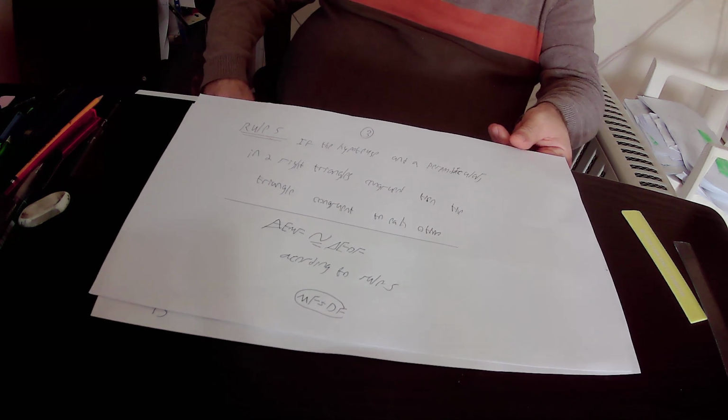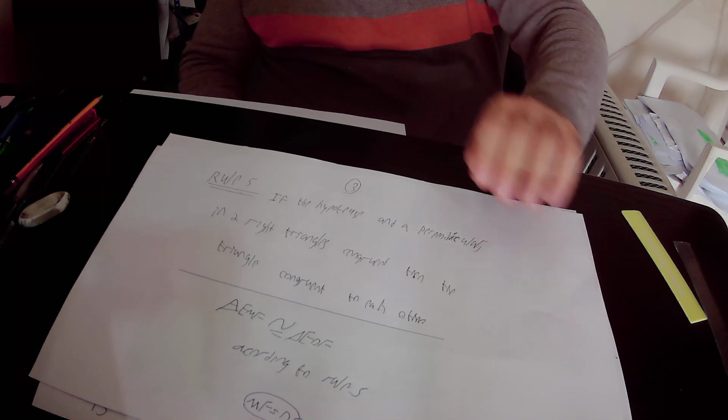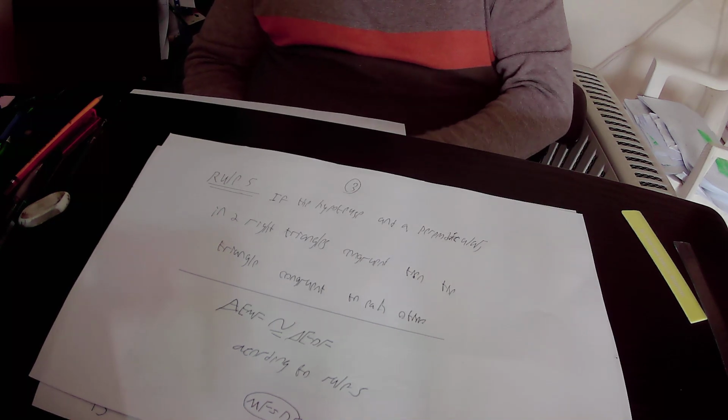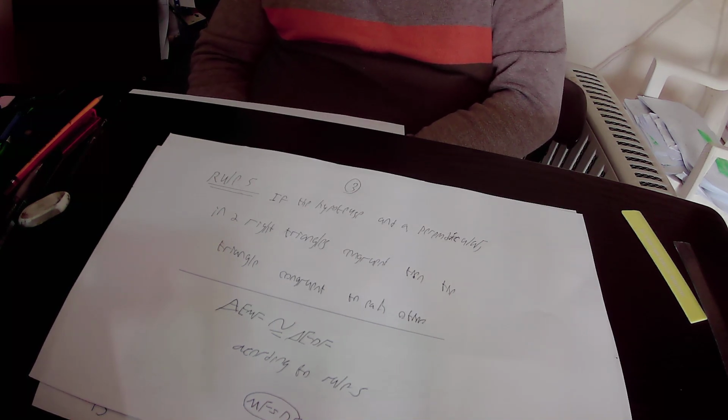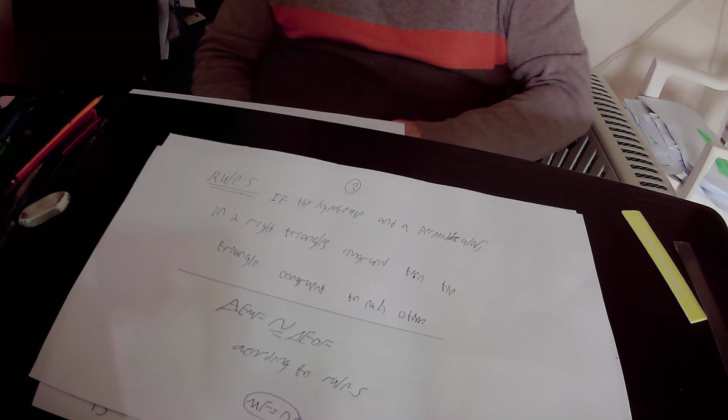Rule number 5 states that if the hypotenuse and a leg in two right triangles are congruent, then the triangles are congruent to each other.